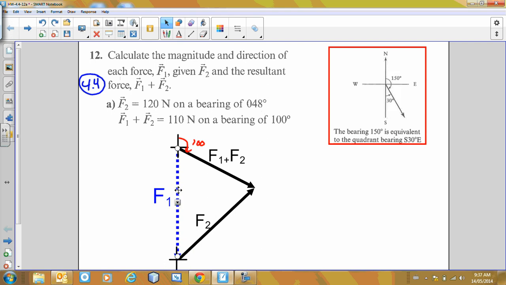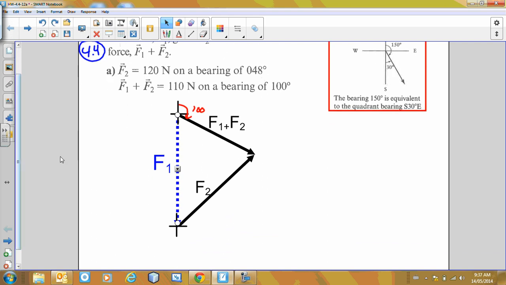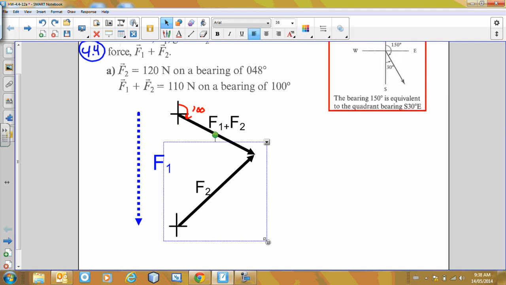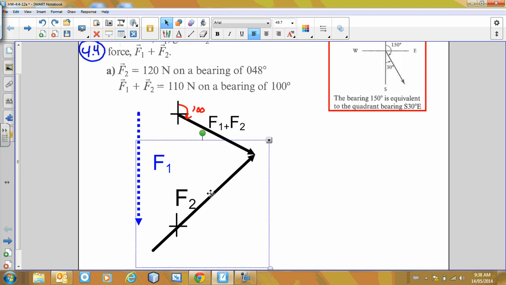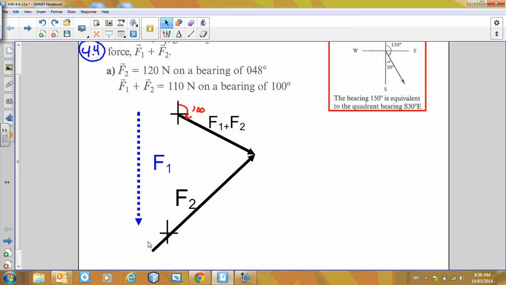The first thing to note is even though the way I drew this, F1 looks like it's almost vertical, that's just kind of coincidence. So I'm actually going to change this so that I don't confuse myself into thinking that that's what I had. I have no idea really what F1 looks like. I just drew it in based on my fairly decent drawings of F2 and F1 plus F2.